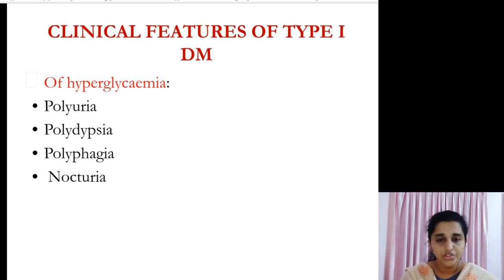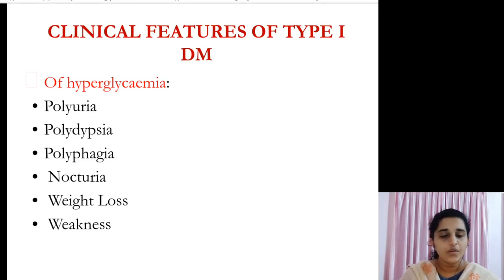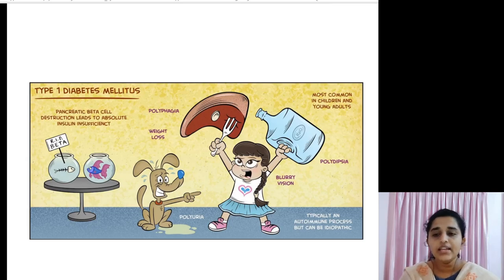Next is nocturia, and this is an important clinical feature especially in children. Next is weight loss and weakness, and the child is not interested in play, or the child is having more appetite, especially more bedwetting and all.